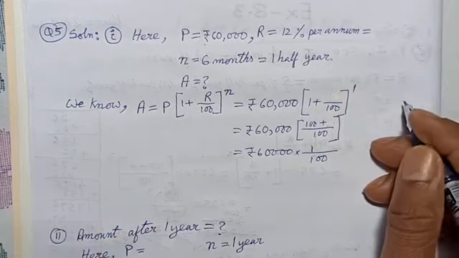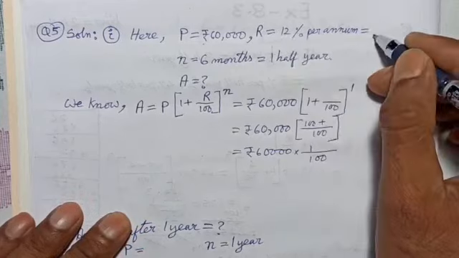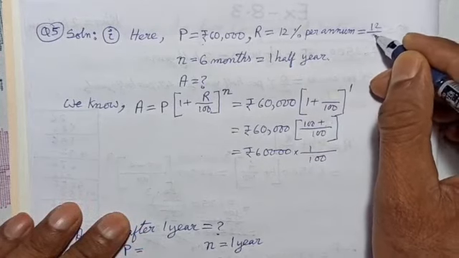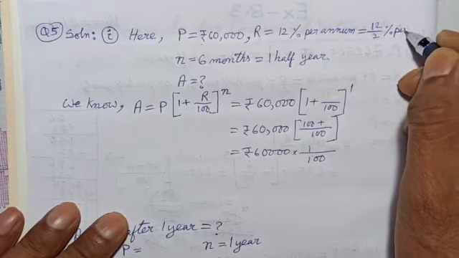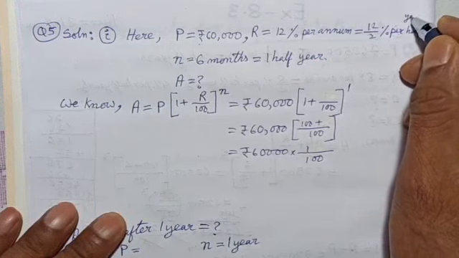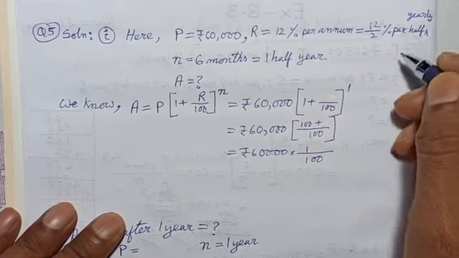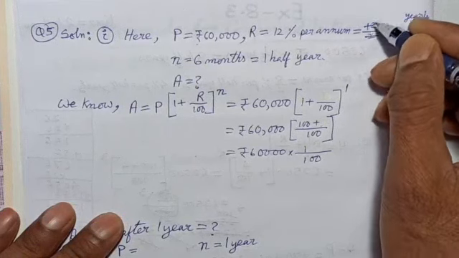So since interest is compounded half yearly, now this 12 must be divided by 2: 12 by 2% per half year. If 12 is divided by 2, we are getting 6.